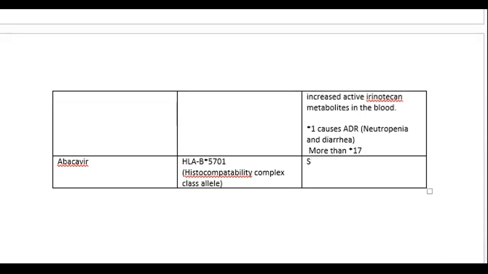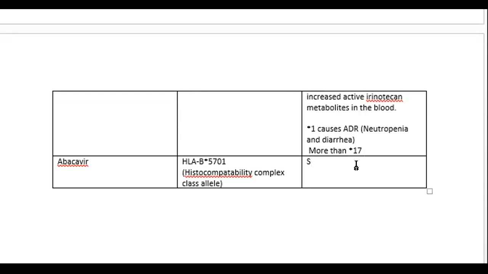What does this histocompatibility complex mean? These are responsible for the hypersensitivity reactions by initiating the reaction.